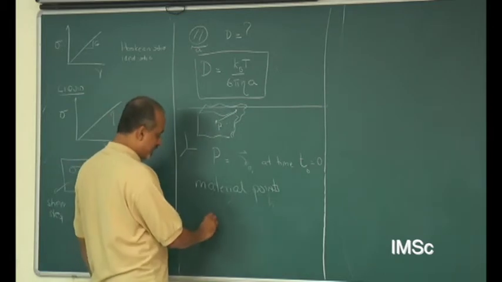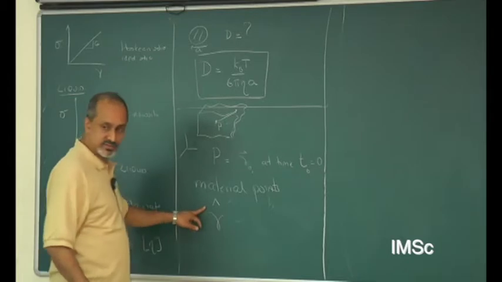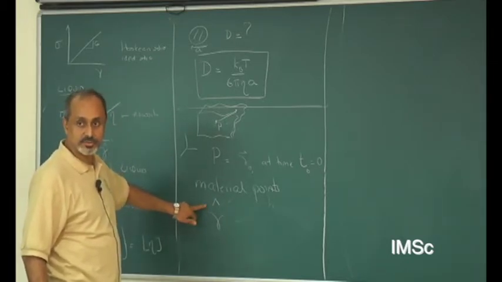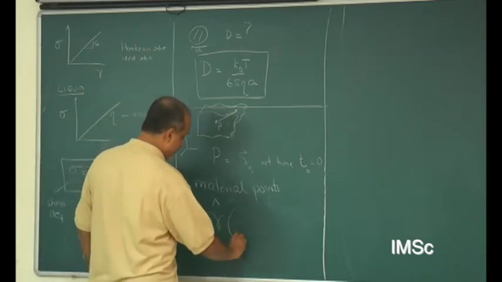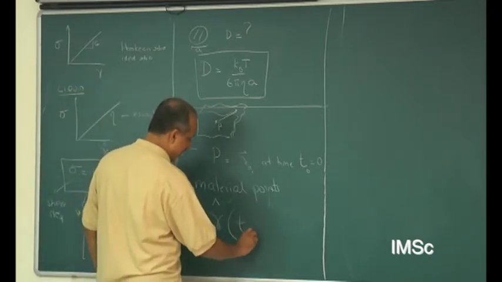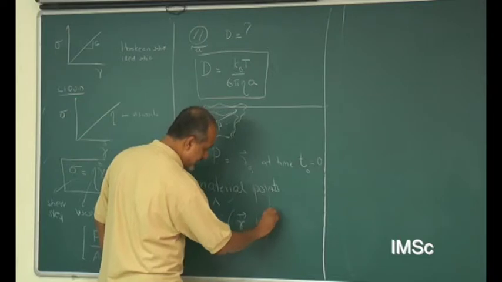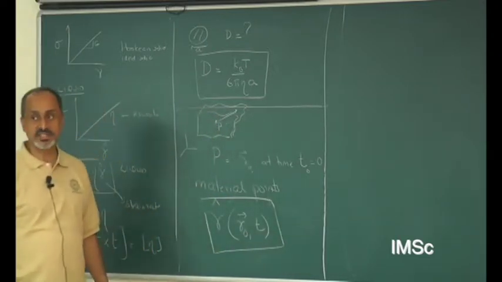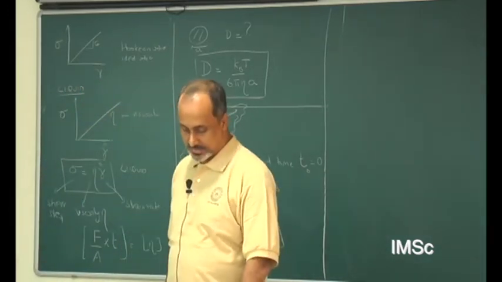So what I need to provide you is a vector. I will put a hat on this because of the notation. It's not a unit vector, it's a new location. So if I know what r hat is, as a function of initial location, but at some later time t, this has all the information about where the material points have gone and therefore what the deformation has actually been like.